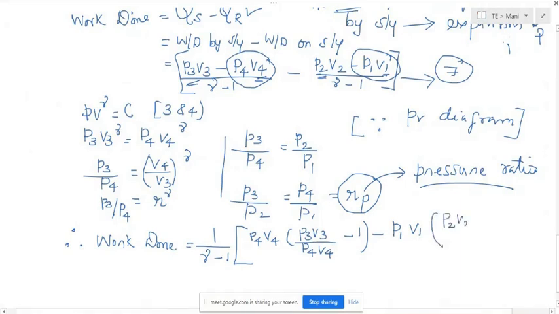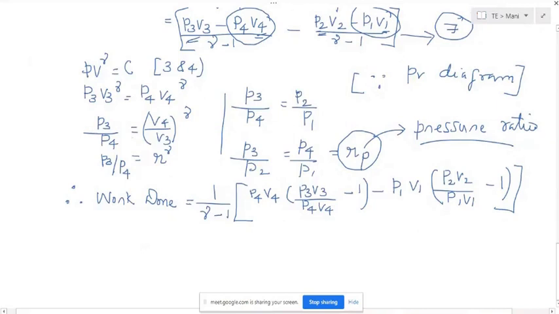So P2 V2 divided by P1 V1 minus 1. Keeping P4 V4, here we can write P3 divided by P4 into V3 divided by V4.